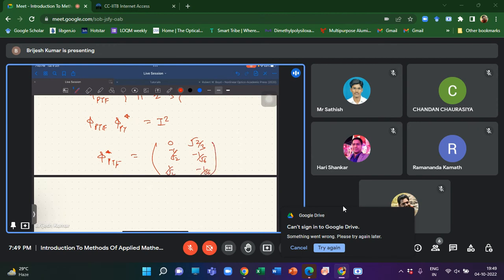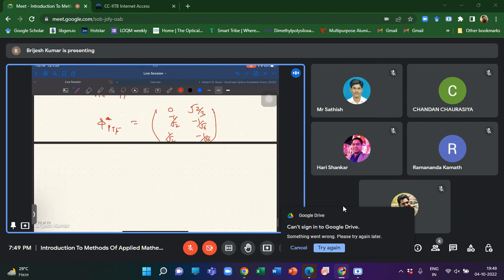We take this expression. The expansion will be: we have some vector x which can be written as the sum for i equal to 1 to 3 of the inner product of x and phi i times phi i. This should be equal to phi PTF and phi PTF star into x.